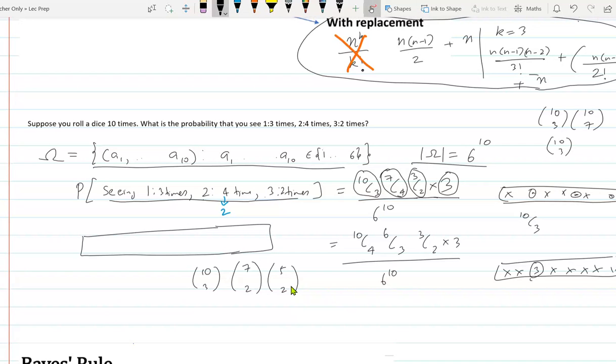And then there are 3 places remaining. Strictly speaking, I should write 3C3, but that is 1 only. And in those places, 4, 5, or 6 should be sitting there. So 3 into 3 into 3, divided by 6 raised to 10. Is that fine?